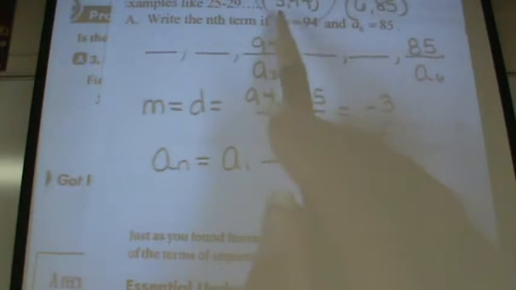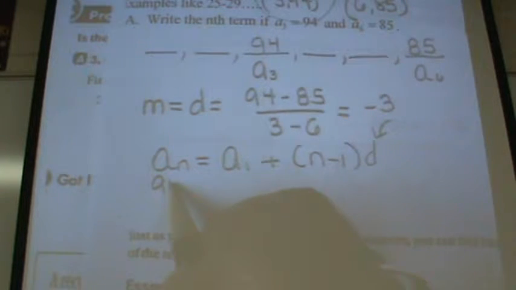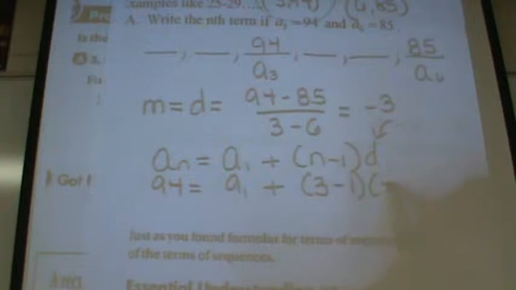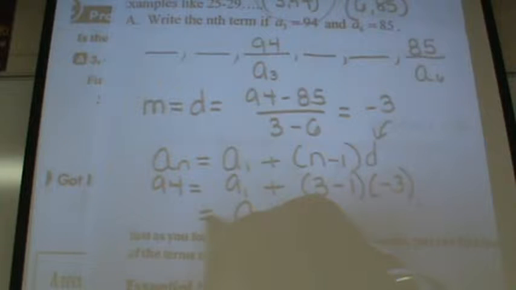So if I do know the third term is 94, I can plug 94 in here. So the third term, n is 3, and d is -3. If you do your math and bring this over, a sub 1, that's your variable, ends up being 94. No, 94, it ends up being 100.